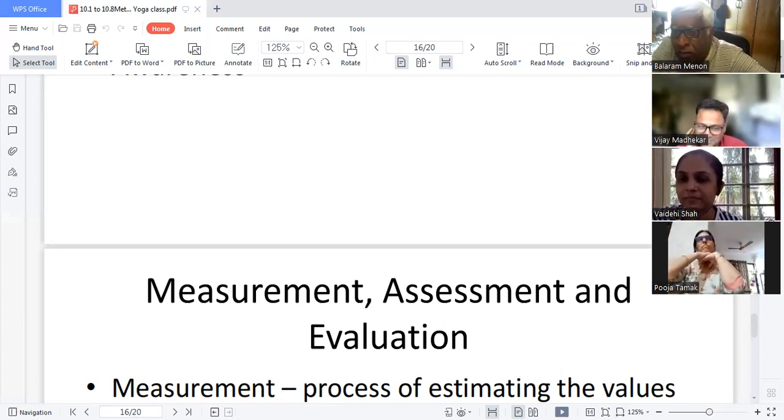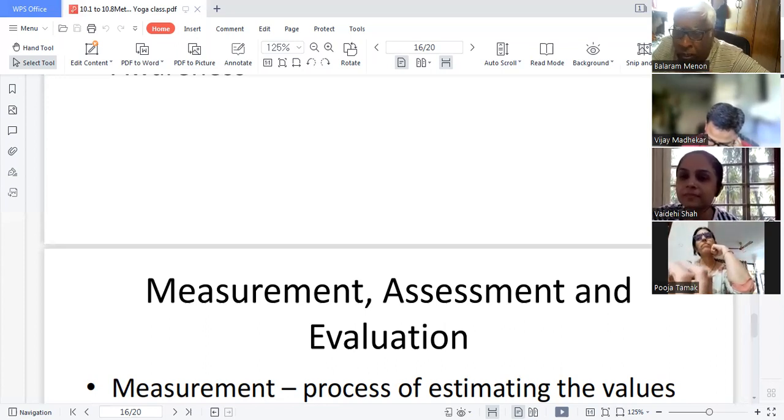If you tell an obese person to raise the leg, he will not be able to raise it to 45 degrees, whereas a normal person will. What a difference. An obese person is more likely to get arthritis than a normal person. He may get early arthritis at the age of 40 because of obesity.